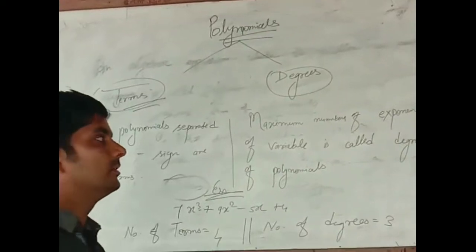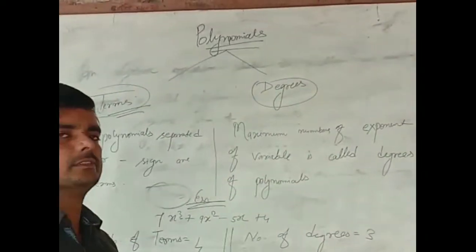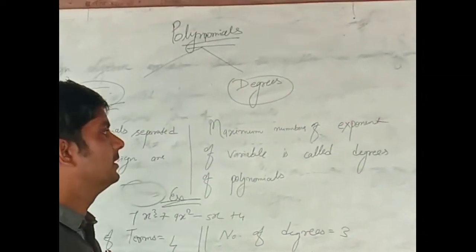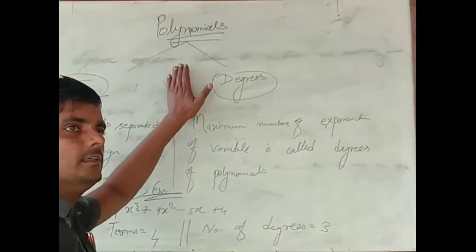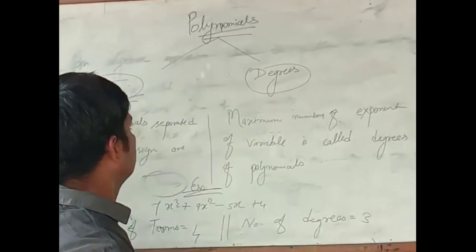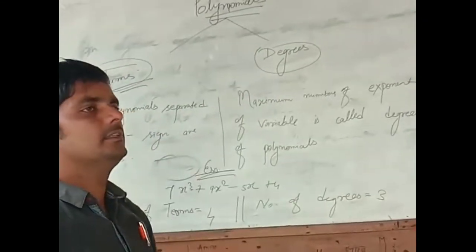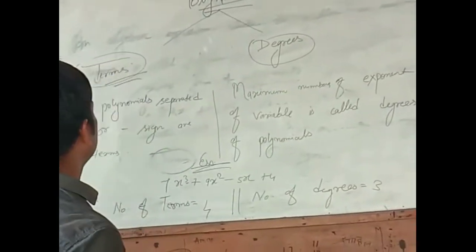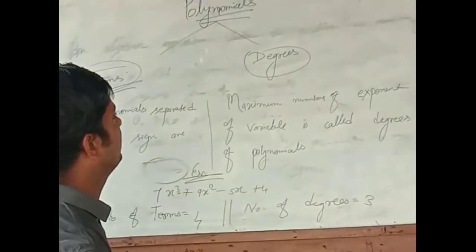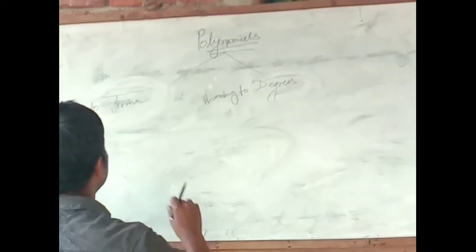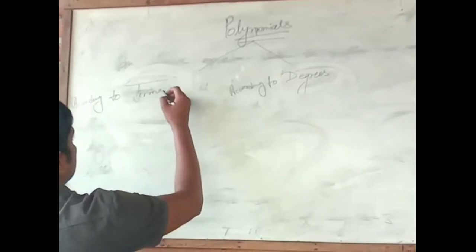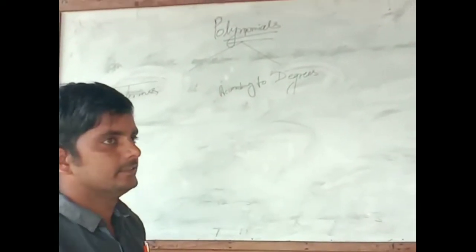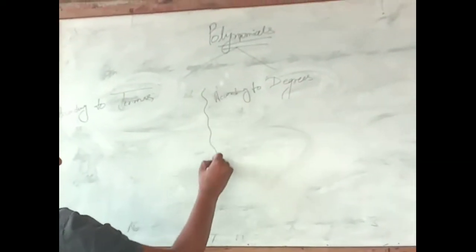Now we have to learn the naming of polynomials. How can we name a polynomial? Polynomials are named in two ways: according to the terms and according to the degree.